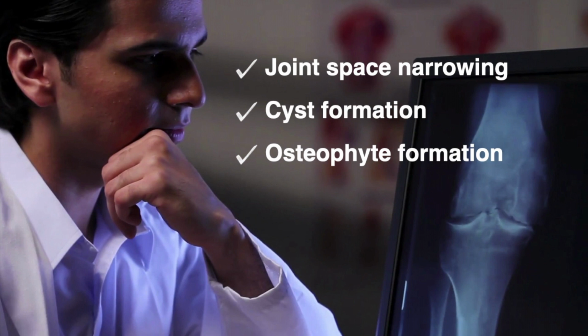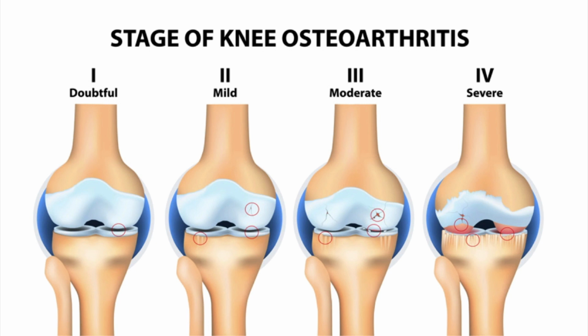Once your doctor detects the presence of osteoarthritis, they will then use a grading system developed in the 1950s and later adapted by the World Health Organization to determine the stage of the disease. The stages range from grade 1 to grade 4, with grade 4 being the most severe.